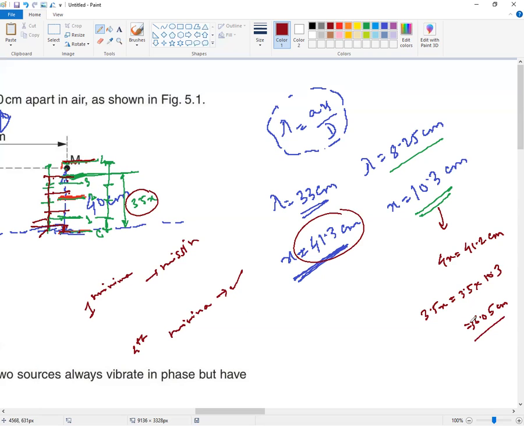Oh sorry, 36. So the fourth minima will be detected. So this essentially means the first minima will never be detected. So we will detect the second. What am I missing here?